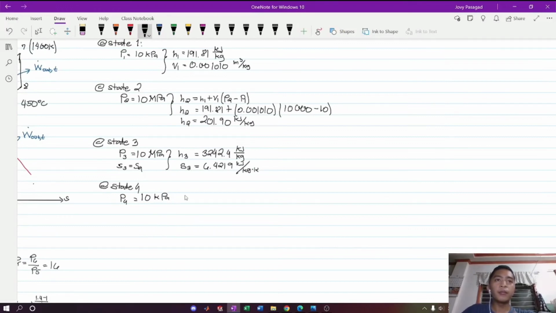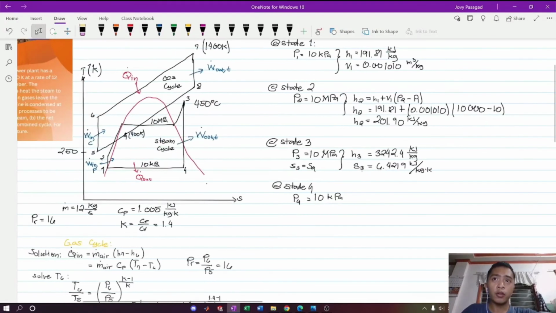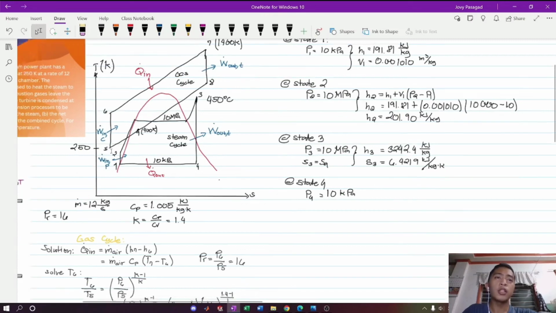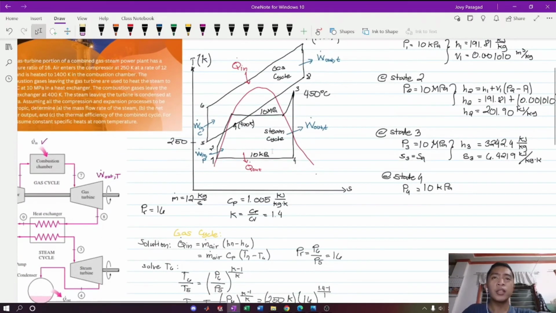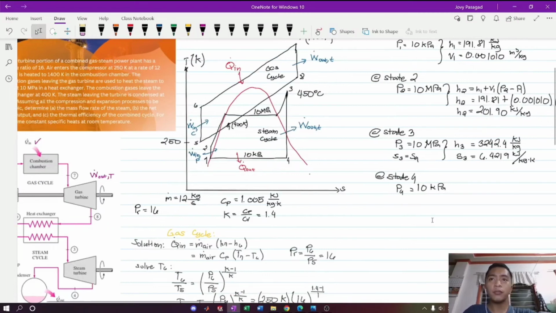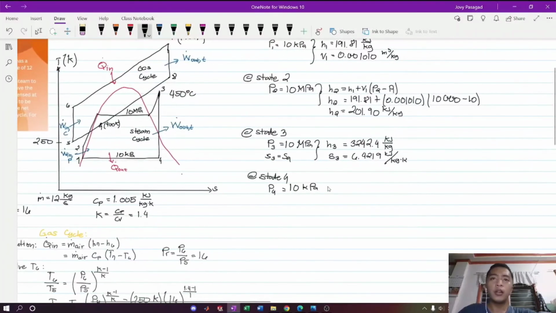Looking at state 4, it is inside the curve, which is the vapor region. So we need to find its moisture content, or quality X. The formula is X4 equals S4 minus Sf over Sfg.